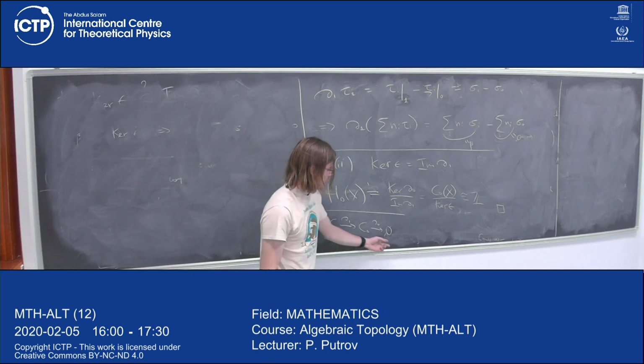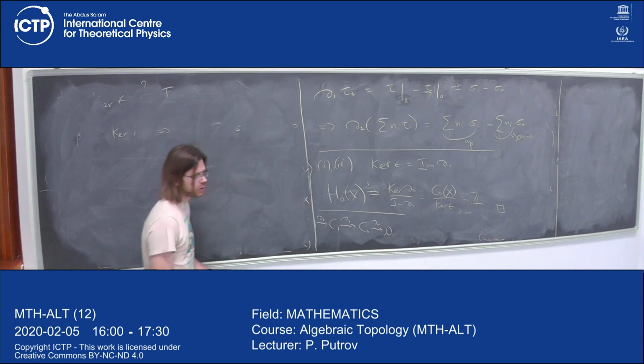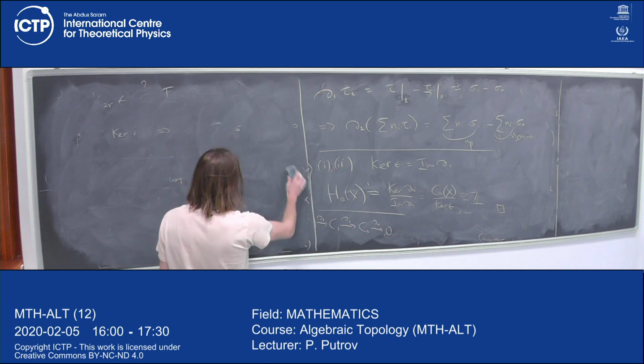This is just because there is no minus 1 simplices. C minus 1 is an empty group.